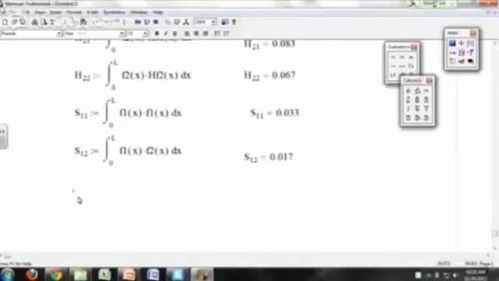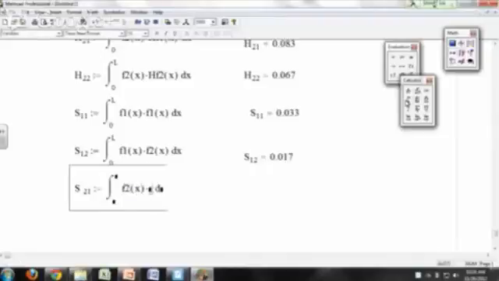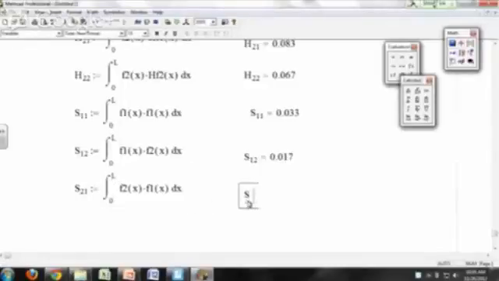And you do the same thing for S21 equals integral, this time f2 of x times f1 of x dx from x equals 0 to x equals L. And what do you think this is going to be? S21 should be the same as S12. Okay.